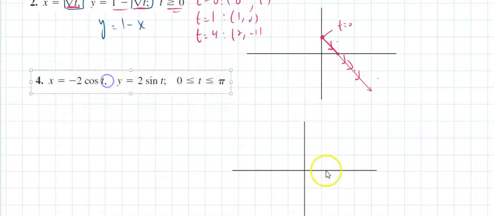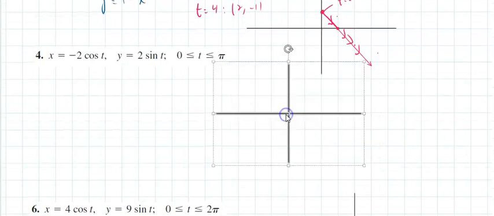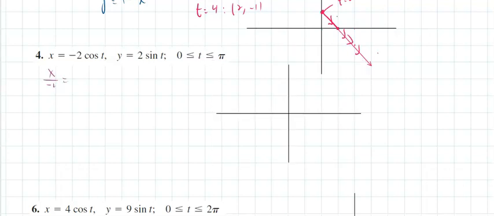Next problem up, and we dealt with those before. We know what those look like. Anytime you see a combination of trig, you're going to have to use the Pythagorean identity or some form of identity, and you square both sides.